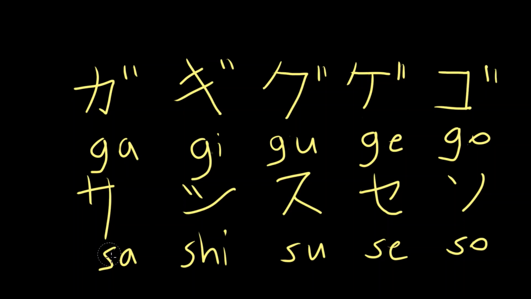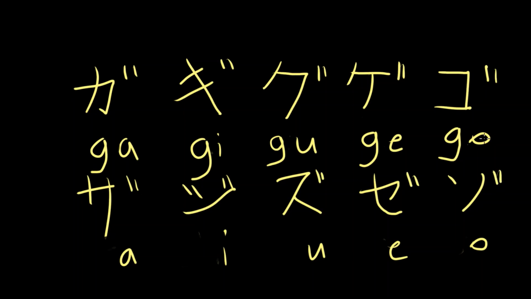Likewise for sa, shi, su, se, so, we can change their sound using ten-ten. So za, remember shi goes to ji, zu, ze, zo.